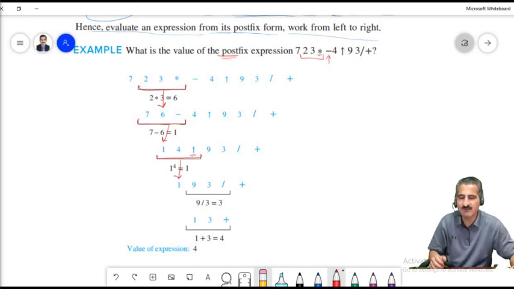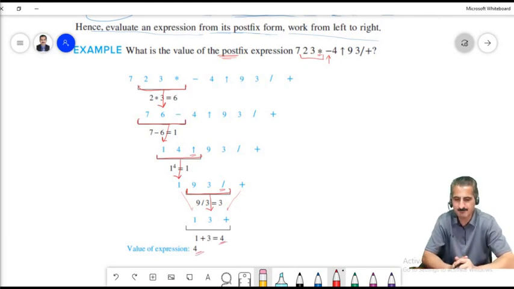So I have 1, 9, 3, and then division. So I will take the 9 and the 3, the 2 operands that come before the operation, and do the computation. 9 divided by 3, which is 3, and this one comes here, and this comes here. Now it is 1 plus 3, and this gives 4, and then we are done. Okay, and that's it for this lecture.